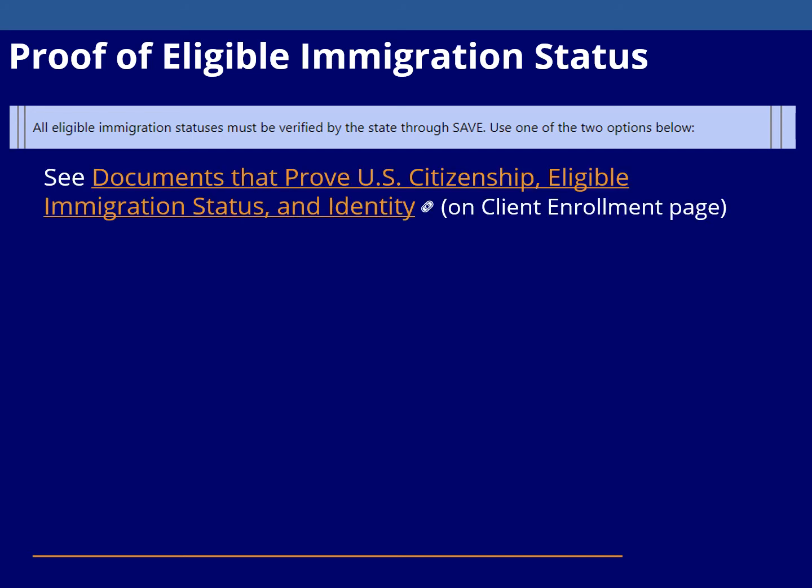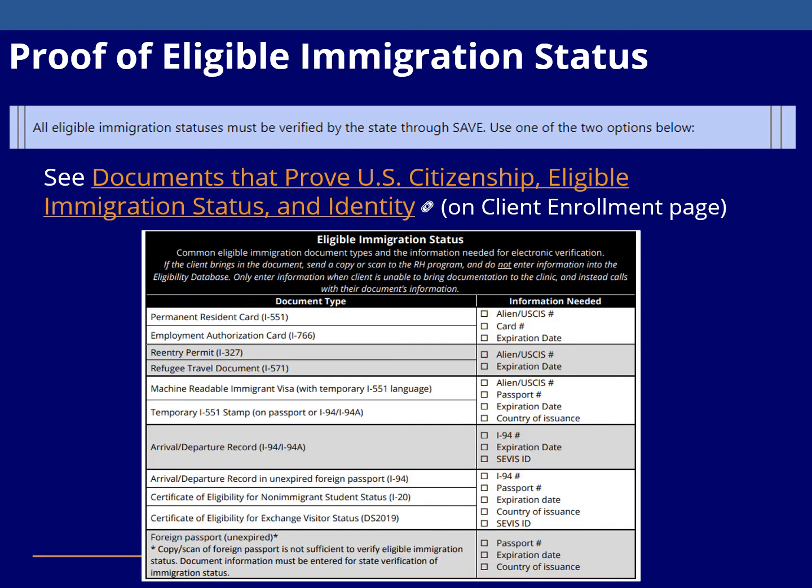The resource I've been referring to in the last few slides also shows what information we need from which document. For example, if a client has a permanent resident card, we need to use their USCIS number, the card number, and the expiration date.